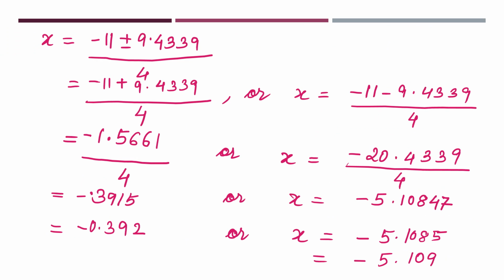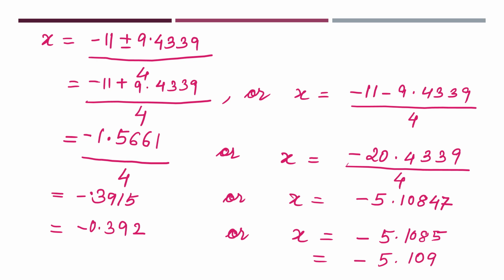So what we get, children, x is equal to minus 11 plus minus 9.4339 upon 4, or x is equal to minus 11 plus 9.4339 upon 4, or x is equal to minus 11 minus 9.4339 upon 4.